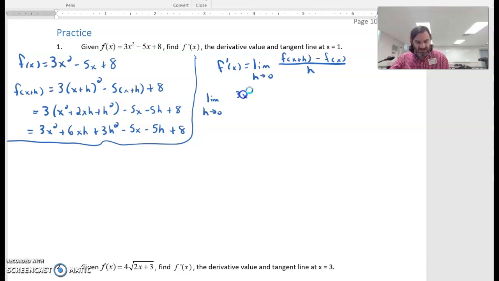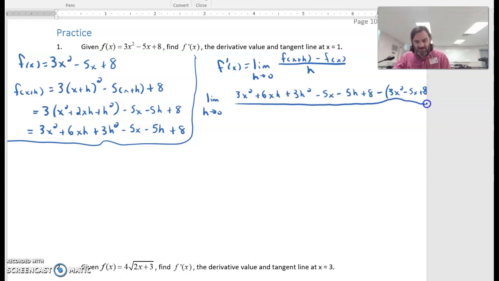So it's 3x squared plus 6xh plus 3h squared minus 5x minus 5h plus 8. And then we've got minus f of x, which is minus the quantity of 3x squared minus 5x plus 8. And all of that is over h.